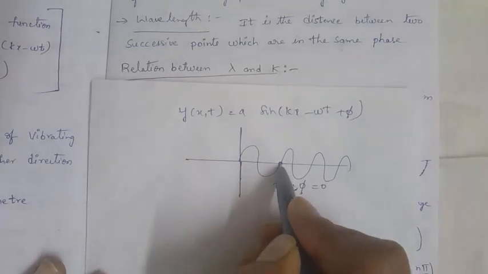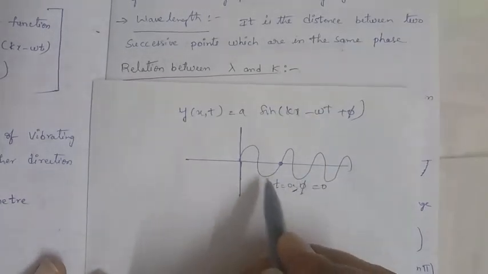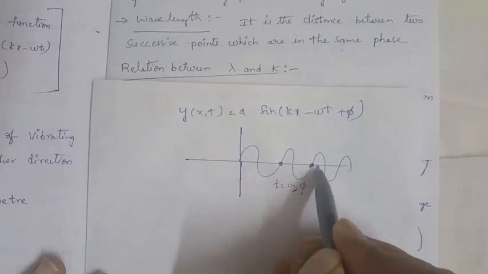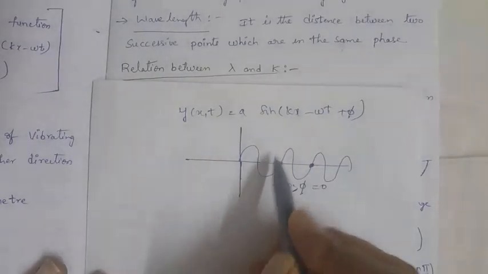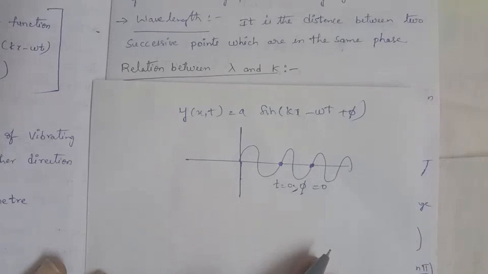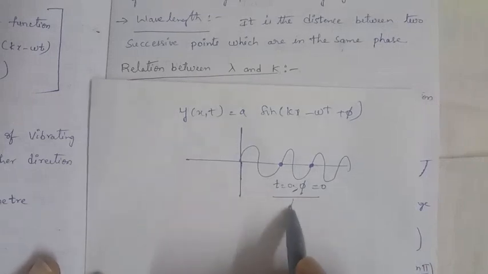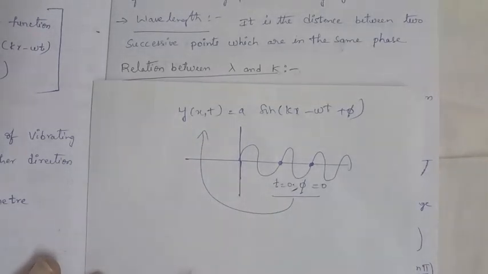The same point is repeated here. They both are in the same phase. For every 2 pi they both are in the same phase. So first of all you have to apply these two values in the above equation.